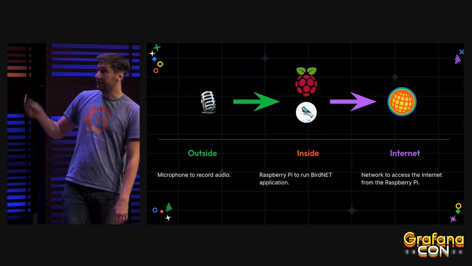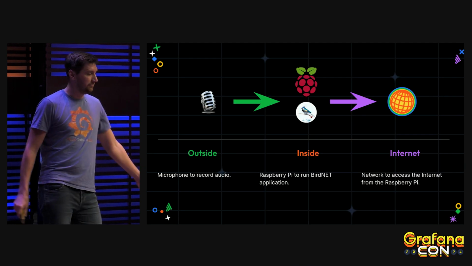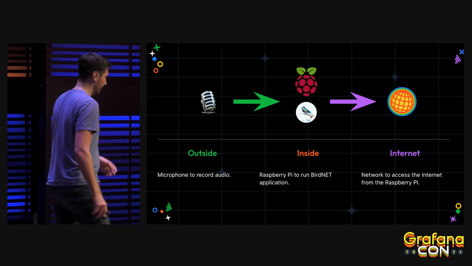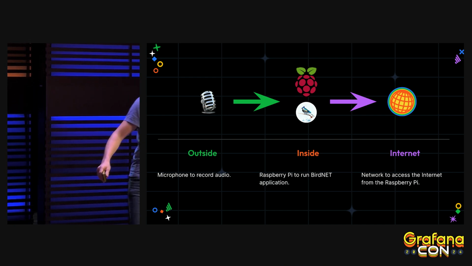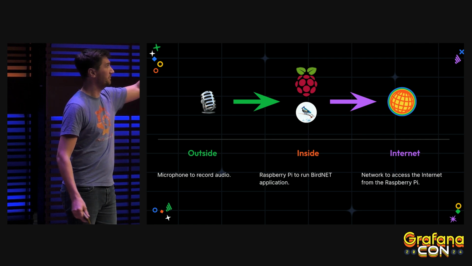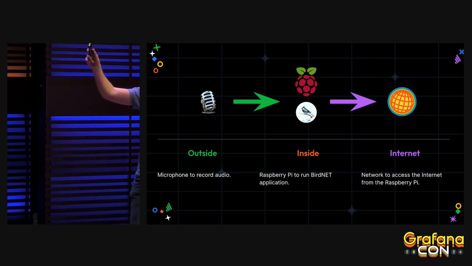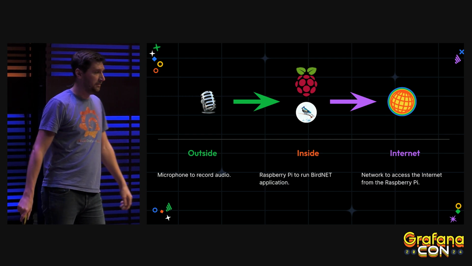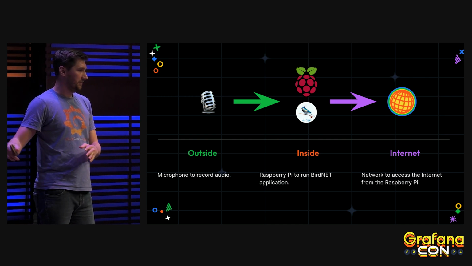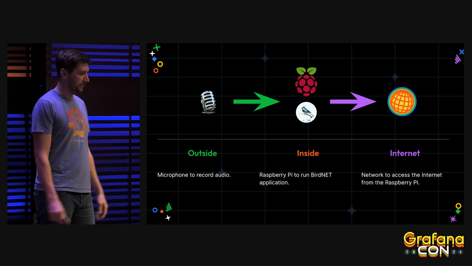And with that, let's have a quick look at the infrastructure we are using here. On the left, there's a microphone, just a $25 microphone from Amazon, really. We connect that via USB to a Raspberry Pi, and on that Raspberry Pi, we use the BirdNET application that's running there.